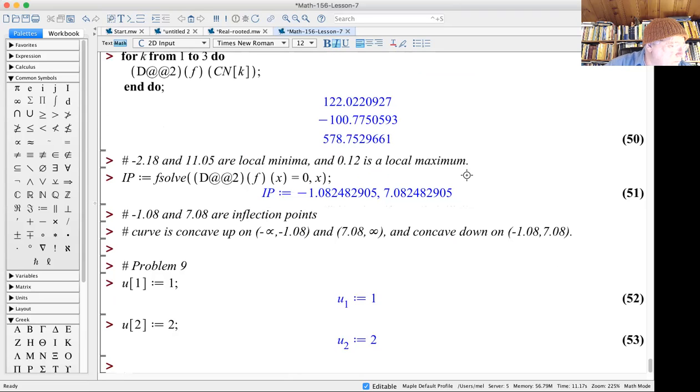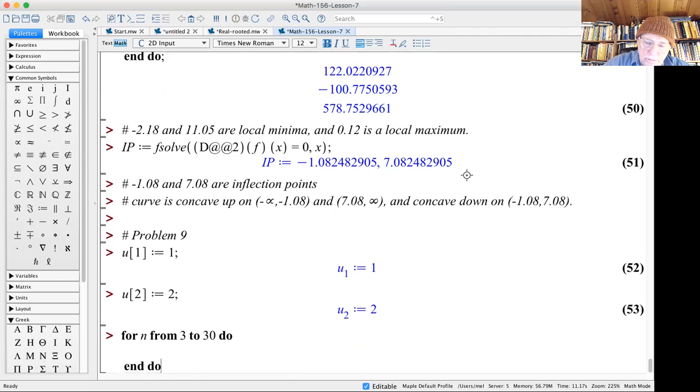And for n greater than or equal to 3, we have the following. So let's say for n from 3 to 30 do. And what we want to do is define un.